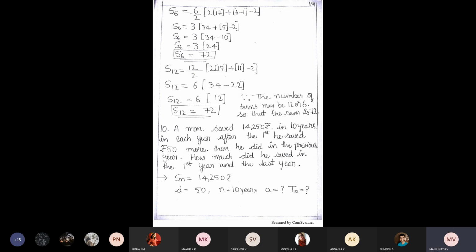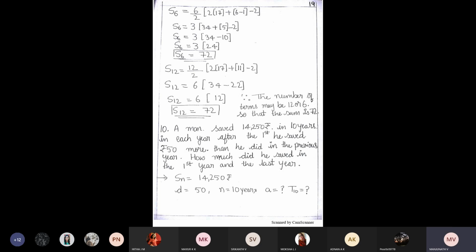In each year after the first, he saved rupees 50 more. You tell me what is the first term and the last term, and the sum is given. Can you answer this? It is given. Look at this.